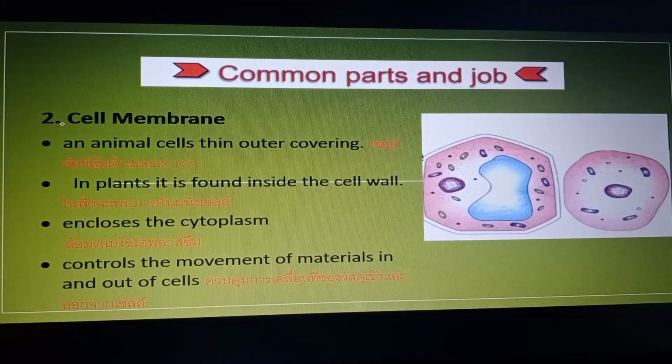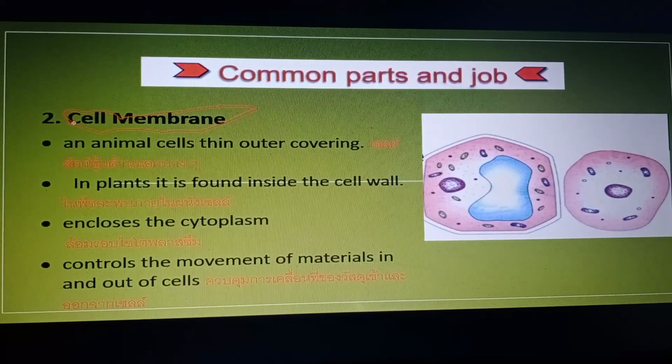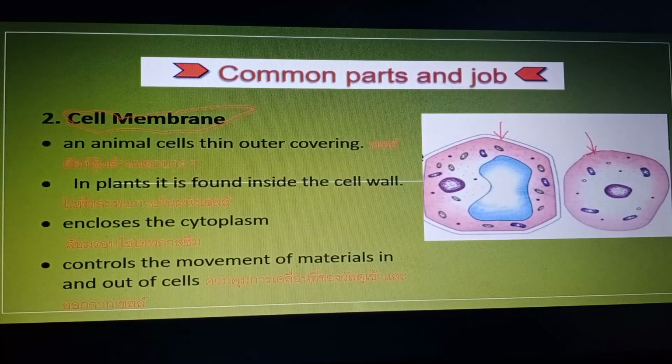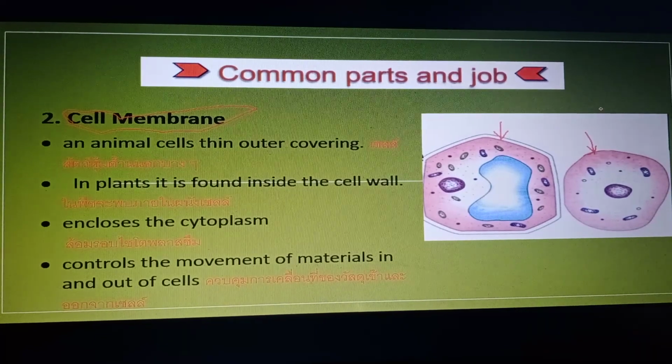Moving on to our second common part, we have our cell membrane. Both of the cells that we presented a while ago have their own cell membrane. This line is the cell membrane of your plant cell, and this line is the cell membrane of the animal cell.